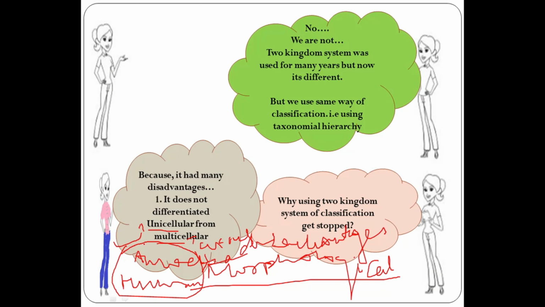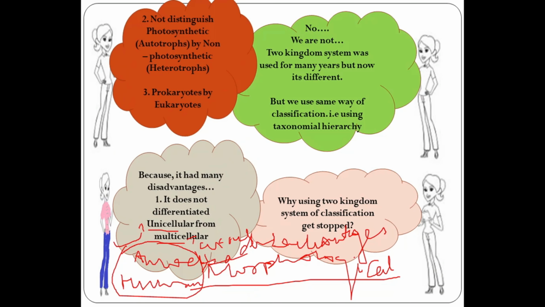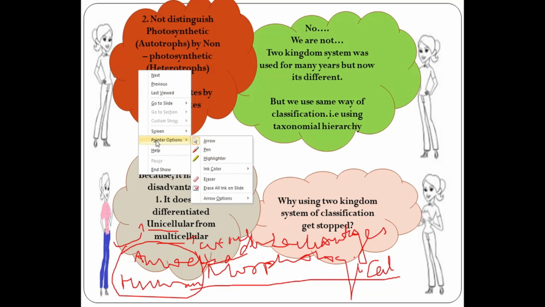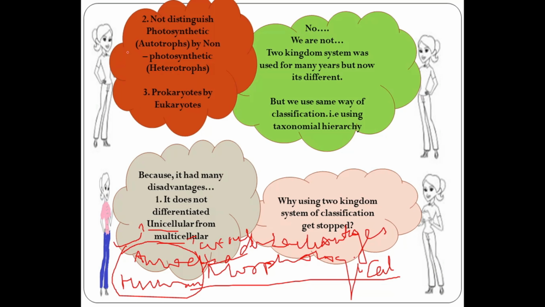He had to separate the unicellular from multicellular, but he has not done it, so it is rejected for this reason. Not only for this reason, he also had one more disadvantage: he did not at all separate the photosynthetic group and the non-photosynthetic group. He placed the autotrophs as well as heterotrophs under the same group. For example, dinoflagellates and diatoms can prepare their own food.